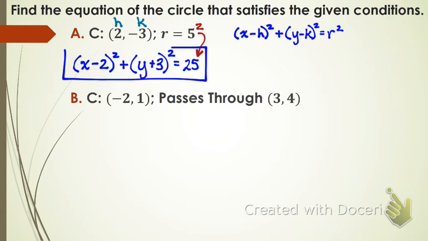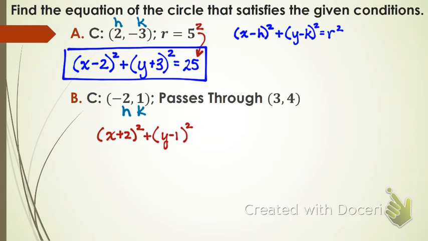On part B, I know where the center is, but I don't know how big the radius is. I know my center is telling me h and k, right? So I can start writing this equation. What would it look like at the beginning, inside the first set of parentheses? x plus 2 squared plus, what do the y parentheses look like? y minus 1 squared.